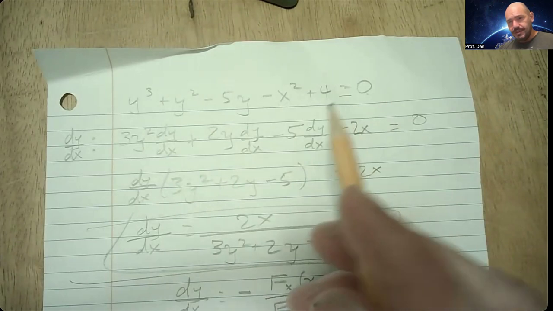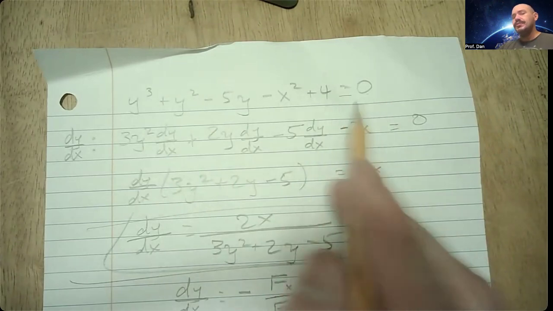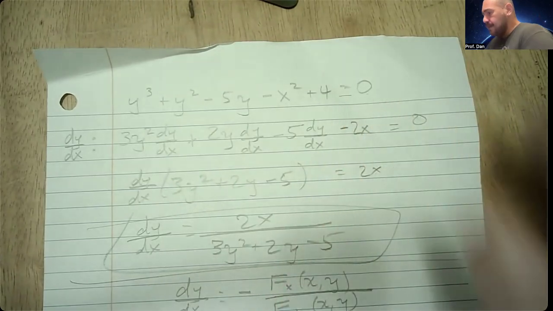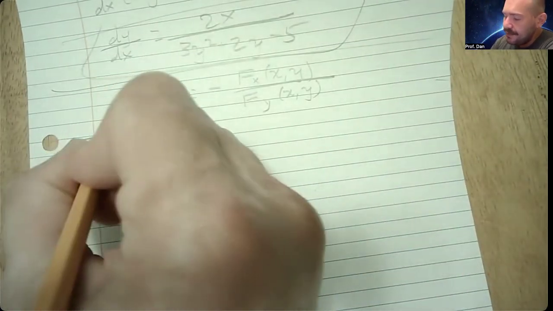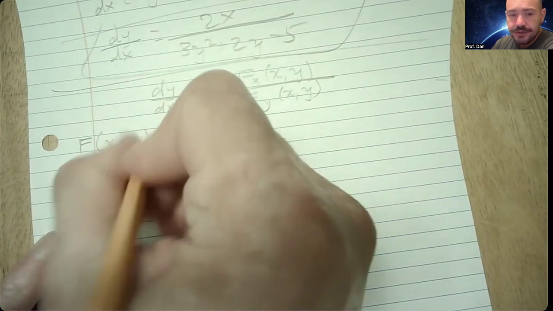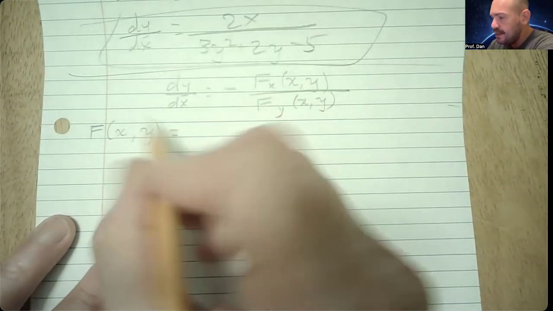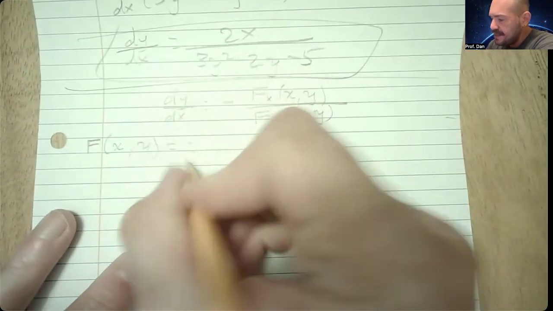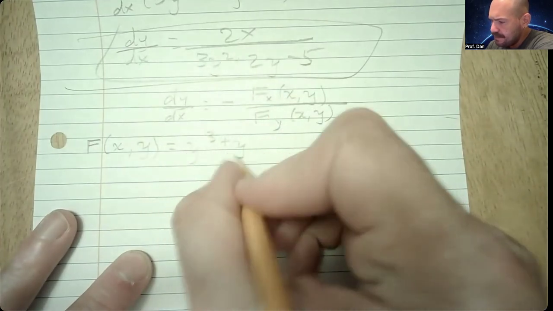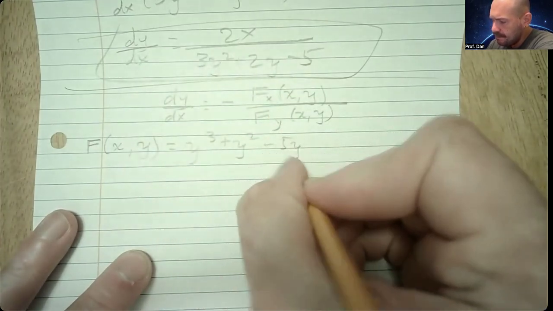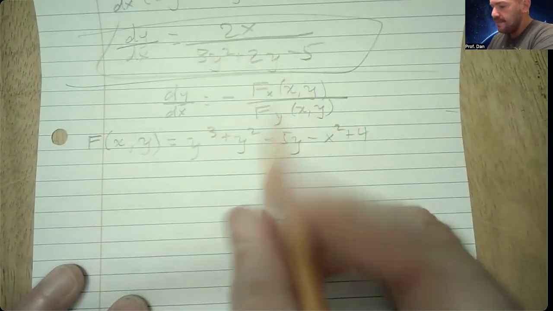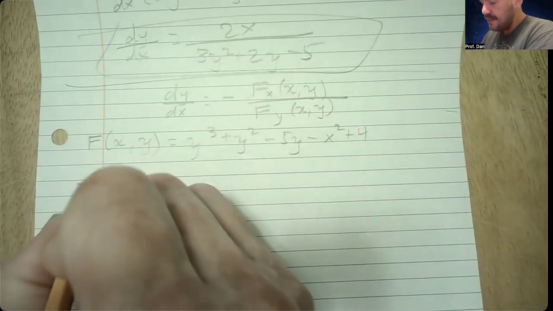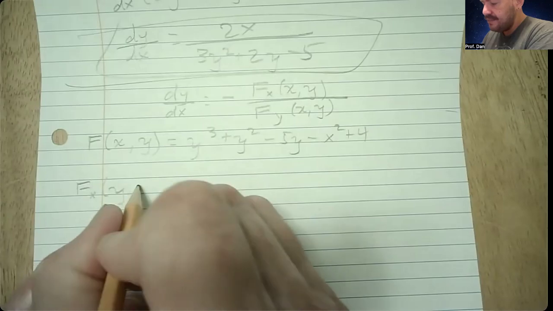The rule, though, is that you have to have one side equal to 0 for this to work. So if I let capital F, just the original, no derivatives taken yet, be equal to that left side, I can find fx and fy pretty easily.